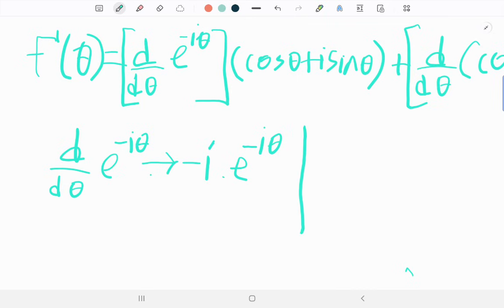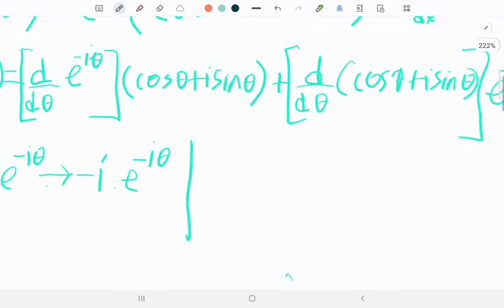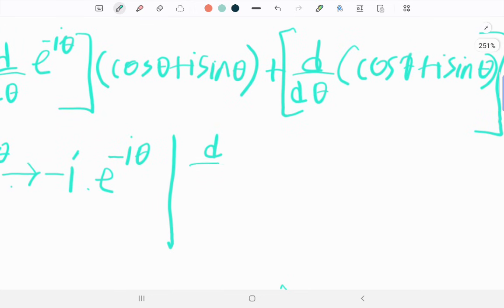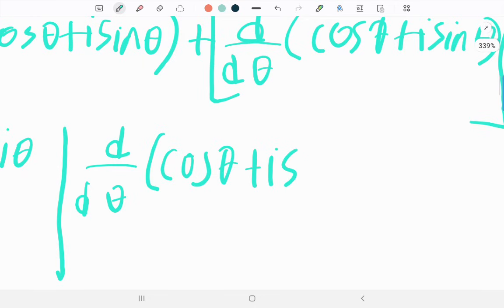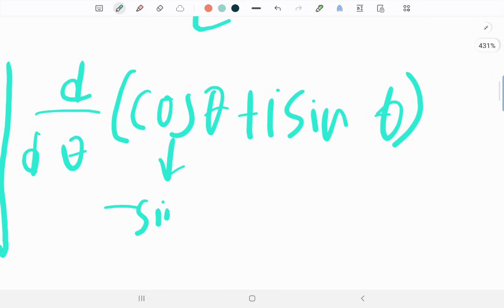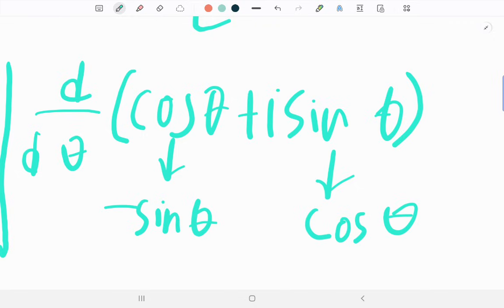So that is the first derivative. And then for the second one, the derivative in terms of theta of cosine theta plus i sine theta: cosine theta becomes negative sine theta, and sine theta becomes cosine of theta. But we also need to not forget the i here.